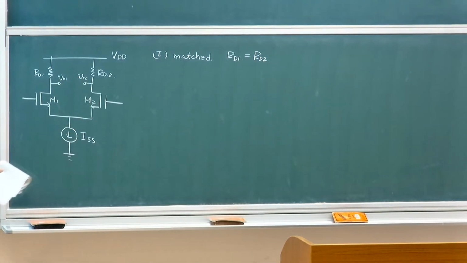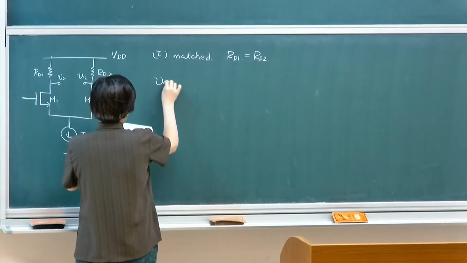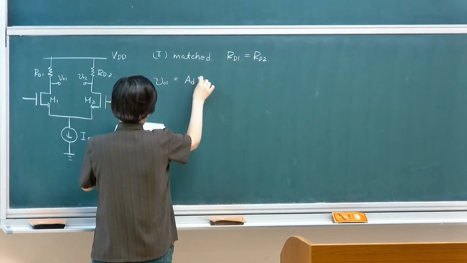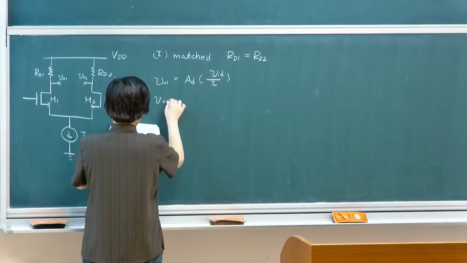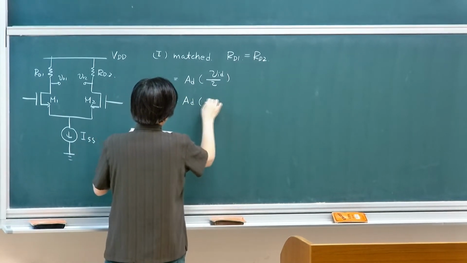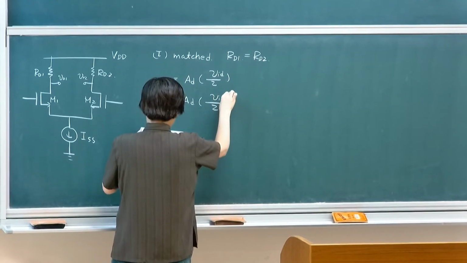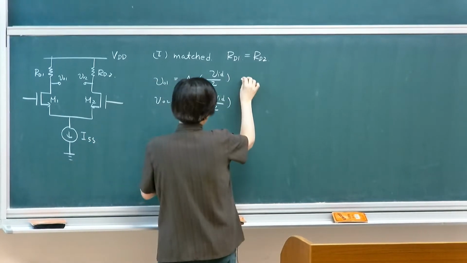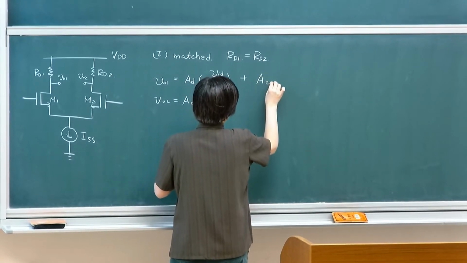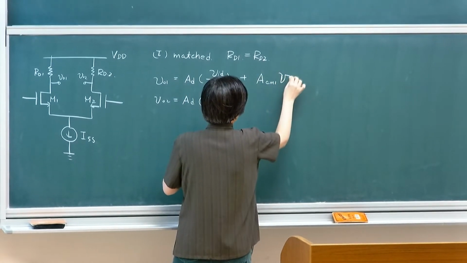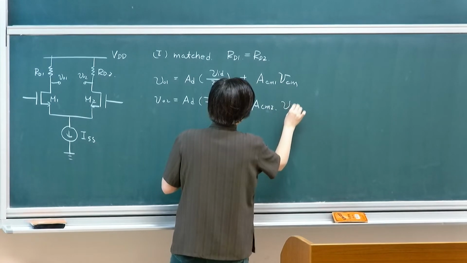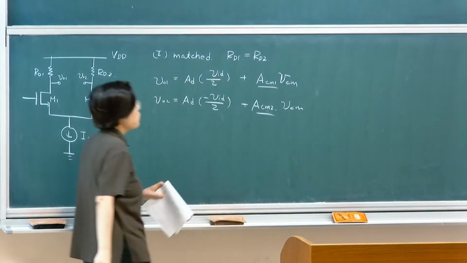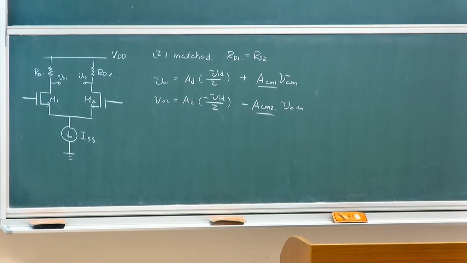So if I have matched transistors and a matched load, then VO1 will be a differential gain times VID, and VO2 will be a differential gain times minus VID, plus a common mode gain 1 times VCM for VO1, and common mode gain 2 for VO2. This one is from the left branch, this one is from the right branch. If they're matched, they should be the same.